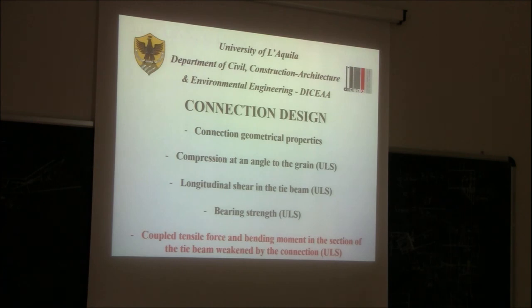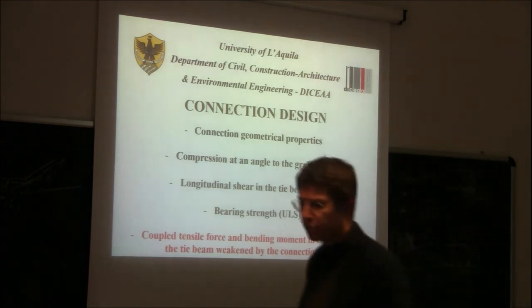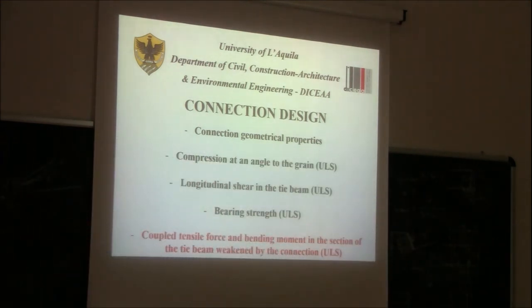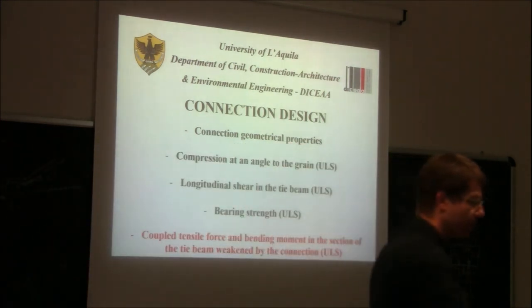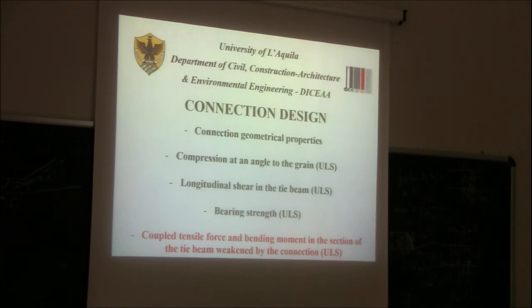Okay. Now the last check that we have to do, since when we make a connection like this, we are going to weaken the tie beam. We want to cut the notch within the tie beam. We need to consider that due to this weakening, first the resisting area will be less for the tensile verification, and second we will have an eccentricity between the axial force and the centroid of the weakened cross section.